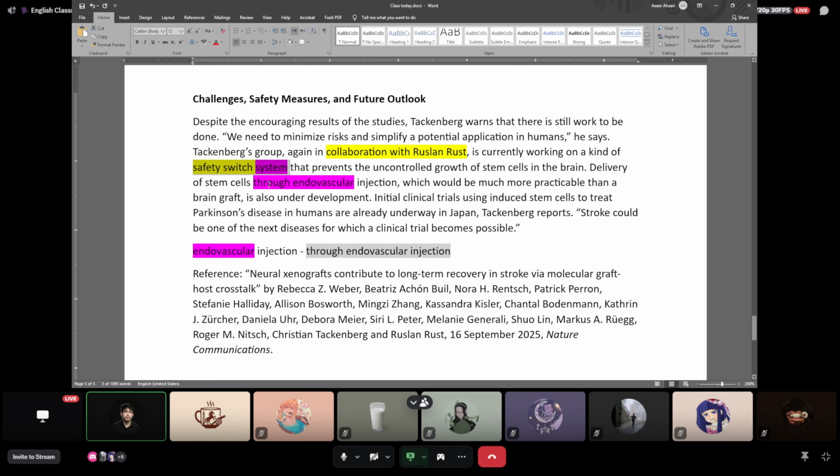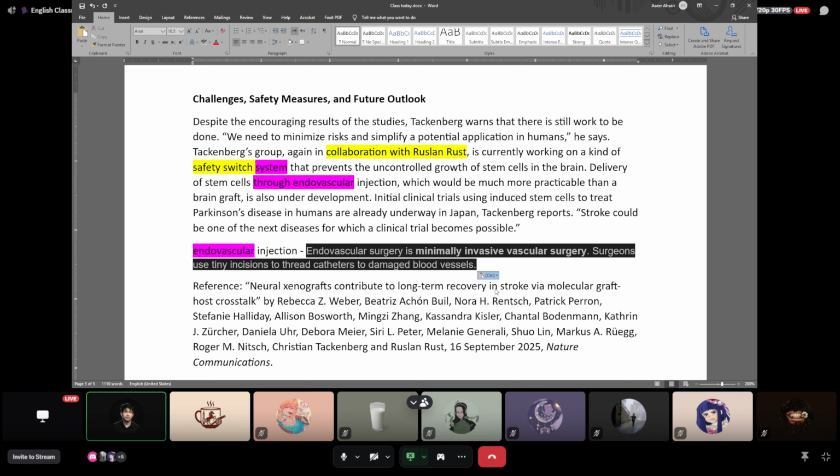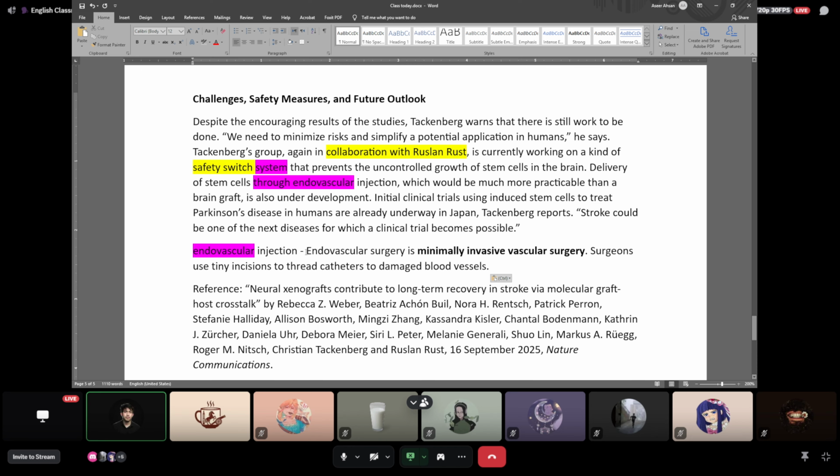Thank you so much. And what is the meaning of the word endovascular injection? I think it means injection through the muscles. I don't know exactly the meaning because I'm not used to saying this word often.